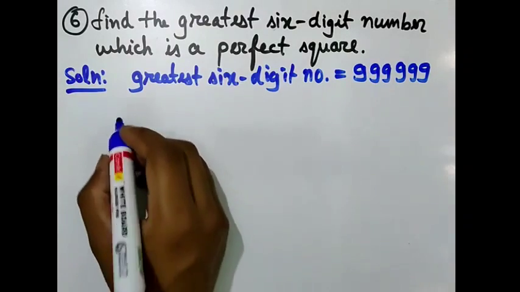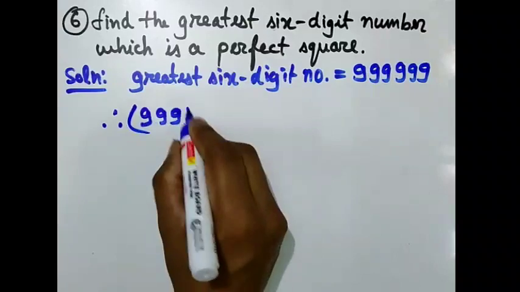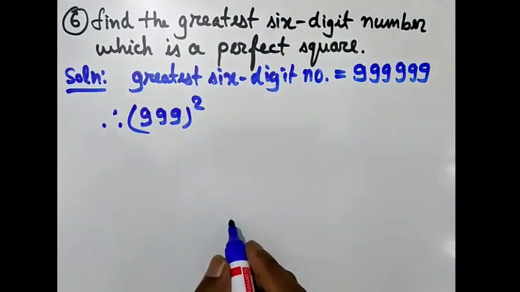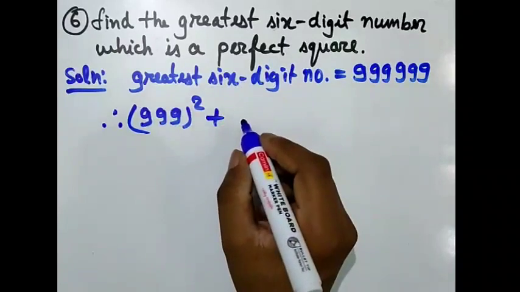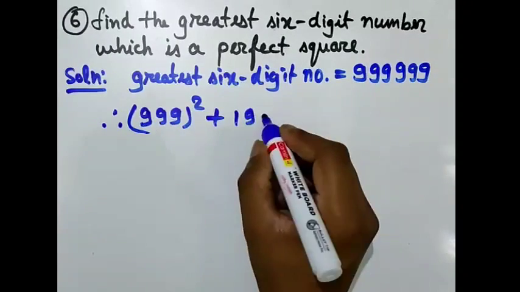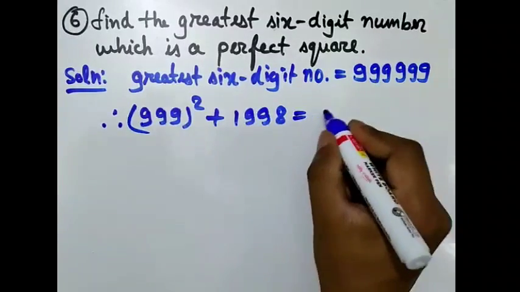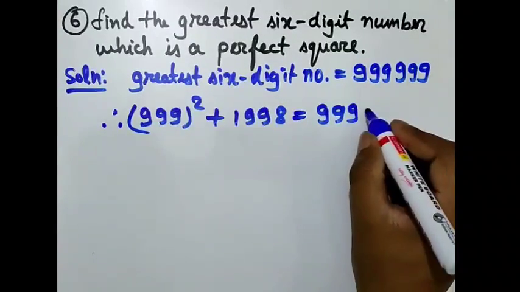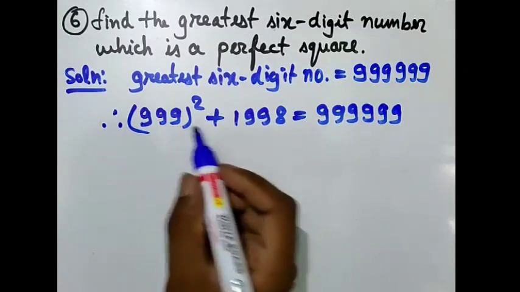Therefore, if I square 999 and add the remainder, what was the remainder? 1998. Then I'll get the largest 6-digit number, that is 9,99,999. Now if I have to find the square, what did I say?